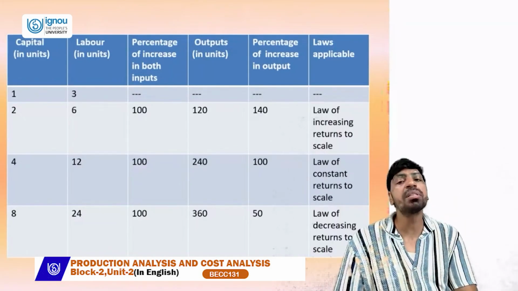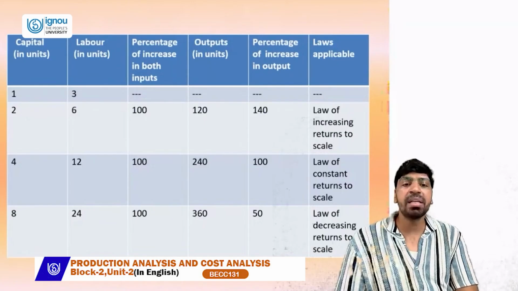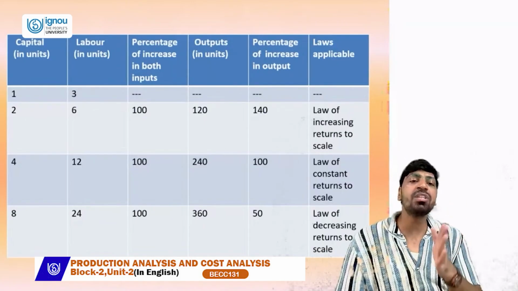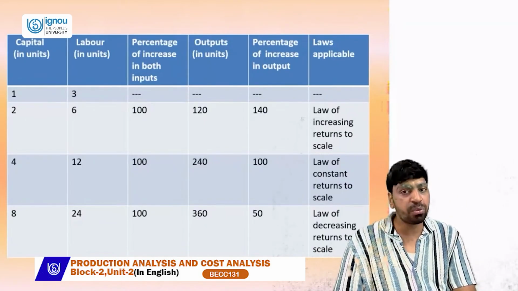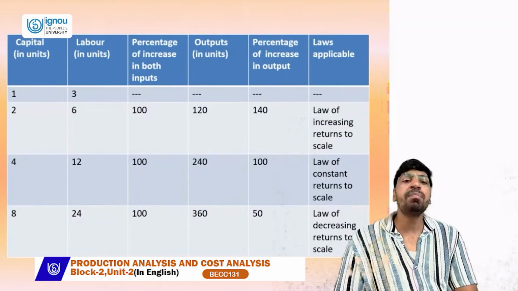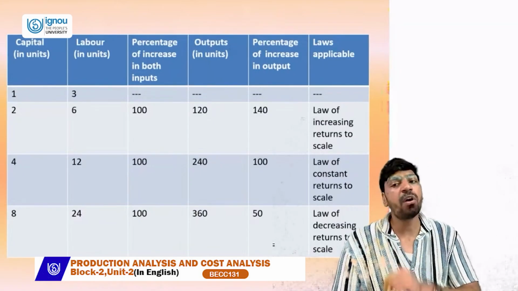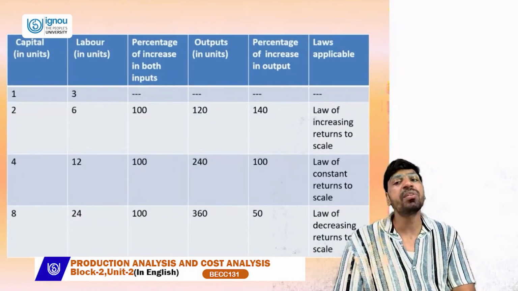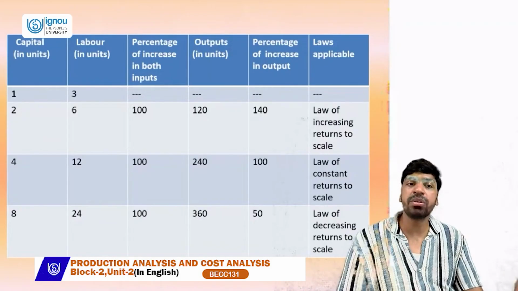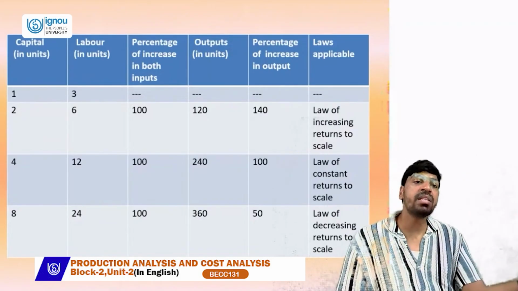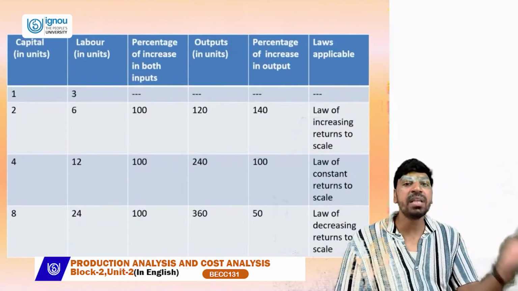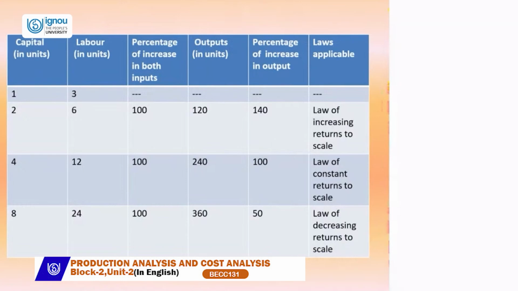If you check the percentage of increase in both inputs and output, and it goes from 100 to 140, it's called increasing returns to scale. As I told you, when there is an increase in labor and capital, it's called increasing returns to scale.